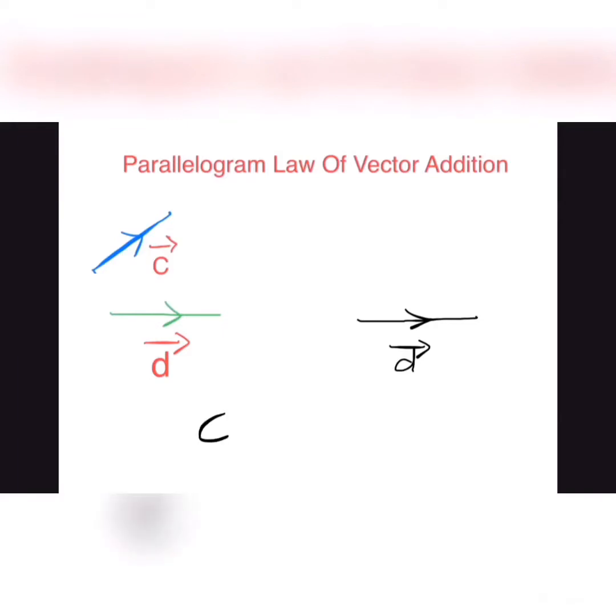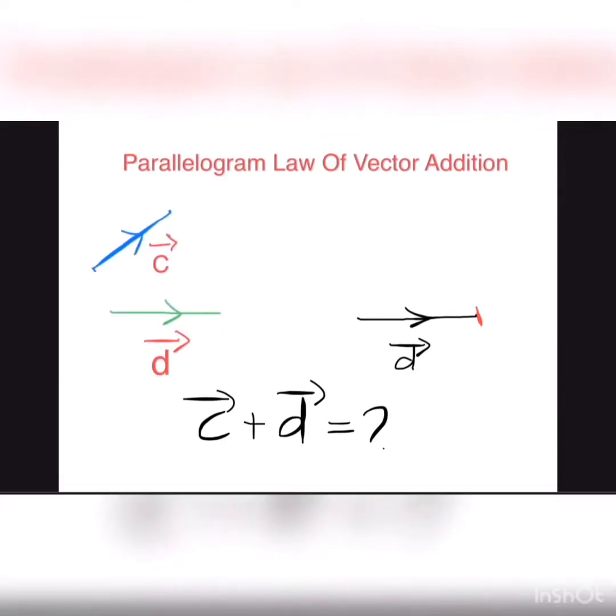Here we have to find the vector sum of vector C plus vector D. So what do we do? We make sure that the initial point of vector C coincides with the terminal point of vector D, that is over here. So we parallelly displace the vector here.